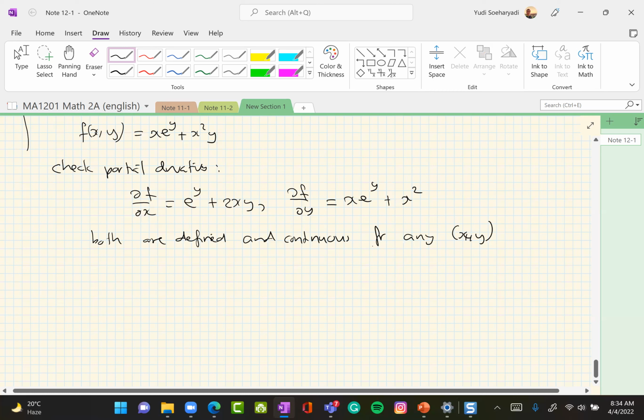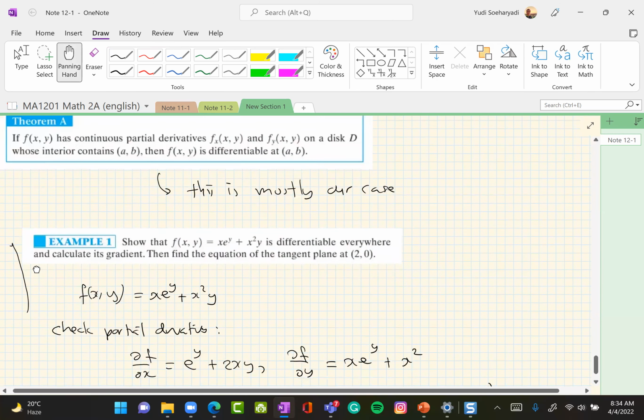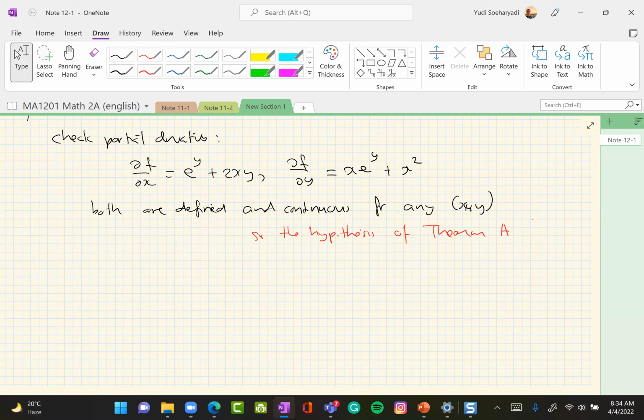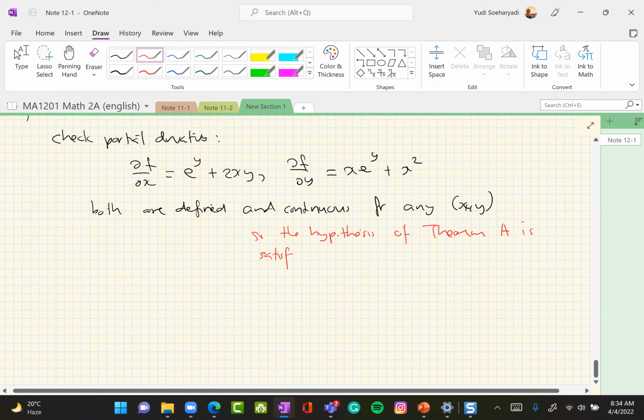So this satisfies the assumption, or hypothesis, of theorem A. Is it theorem A? Yes, theorem A is satisfied. Therefore, f is differentiable everywhere.